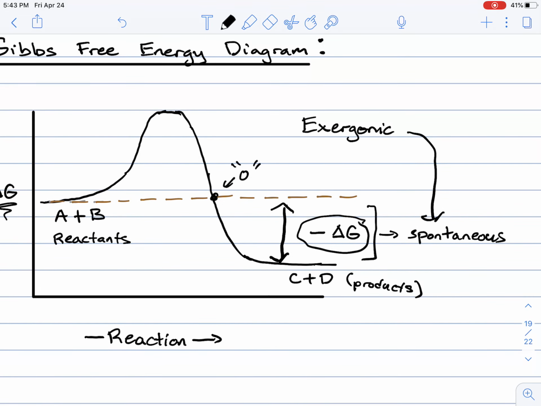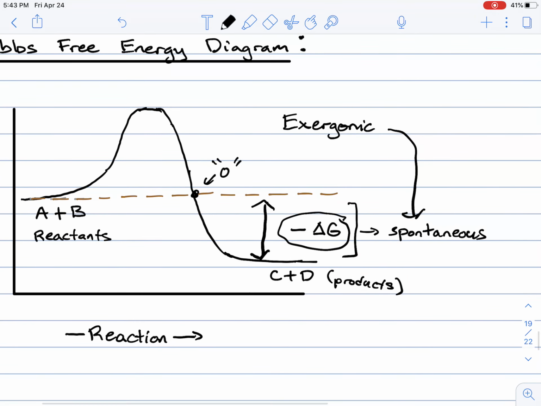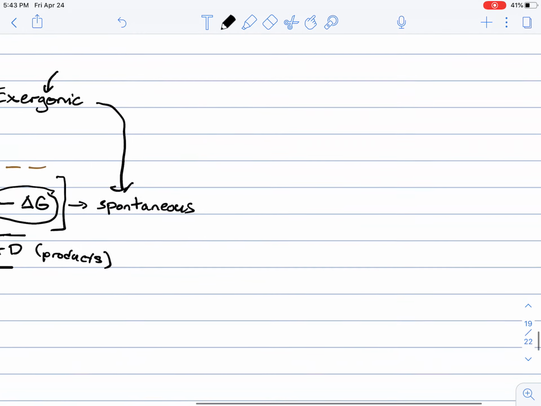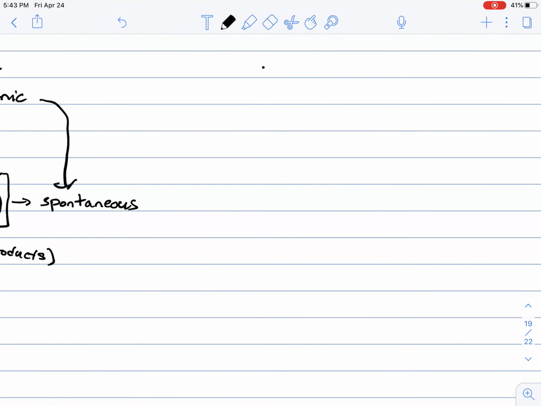Please don't confuse this with exothermic. Okay, so there's a G in exergonic, so we're talking about free energy or Gibbs free energy, and that's one way you guys can remember this. When you guys are thinking about your potential energy diagram, so this is PE, potential energy, this is what we covered in kinetics.